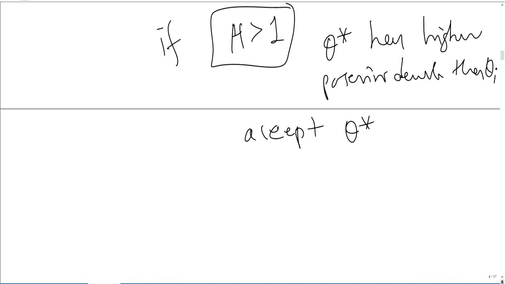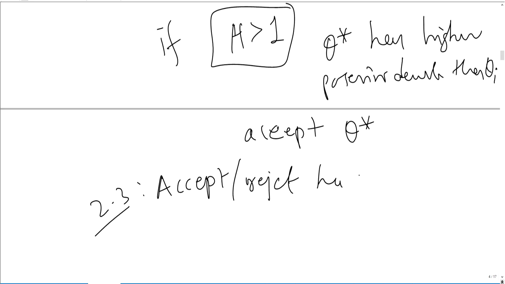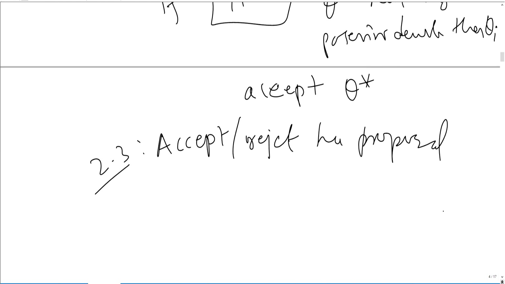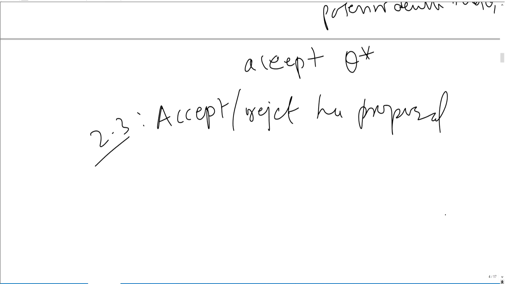Now, we will see how we use h in the next step of the algorithm, in step 2.3. Right? So, accept or reject the proposal. How do we decide whether we accept or reject the proposal?